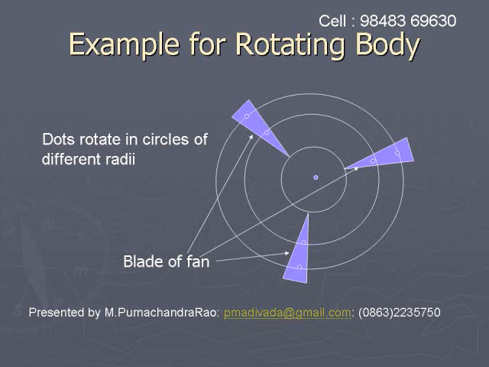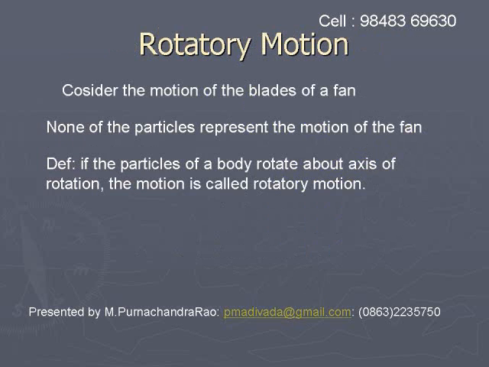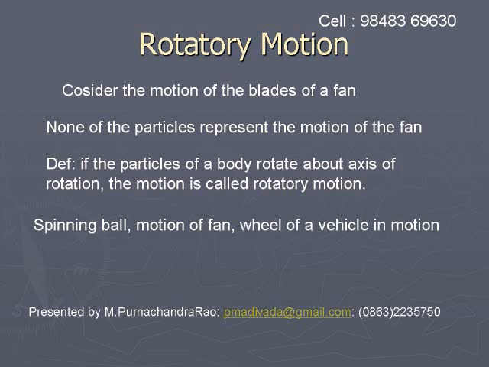In the case of a fan, the particles of the blades rotate about the rod through which the fan is suspended. That is known as the axis of rotation. Examples: spinning ball, motion of a fan, wheel of a vehicle, etc.